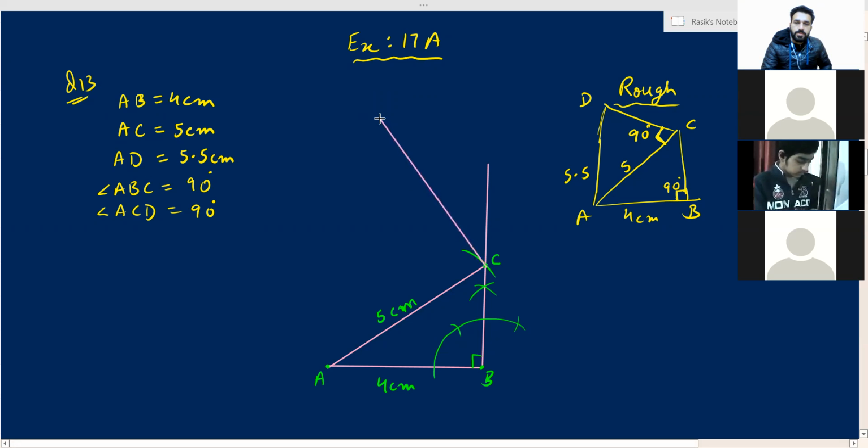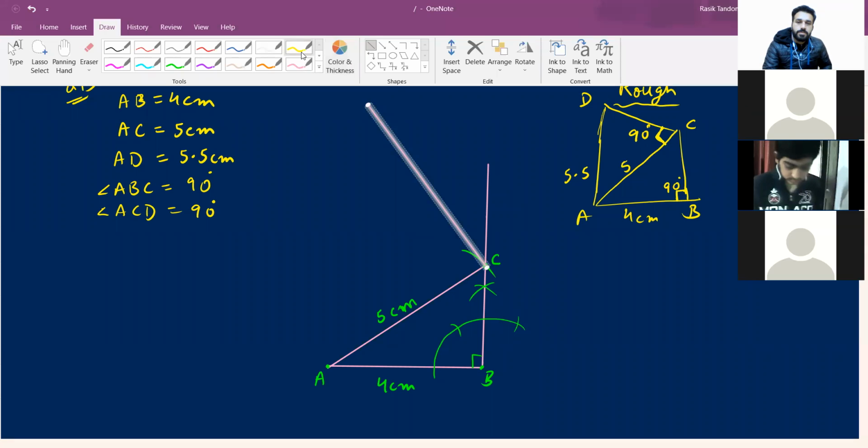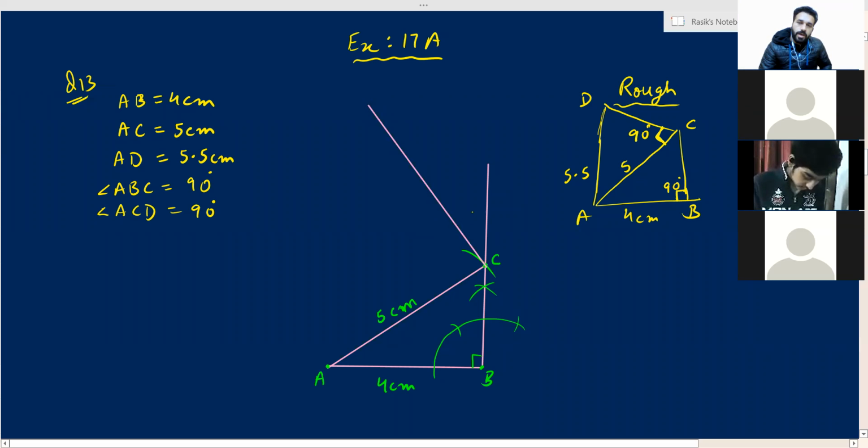To construct 90 degrees, you draw an arc from vertex C, then 60 degrees, 120 degrees, and when you bisect them, you get 90.